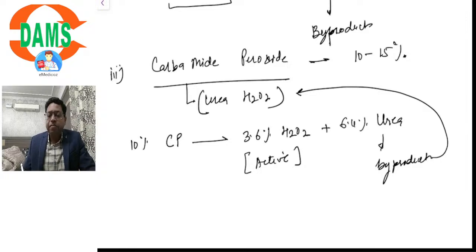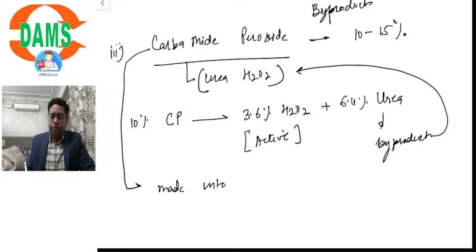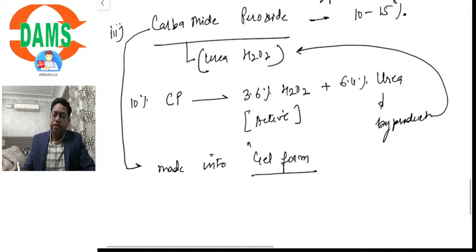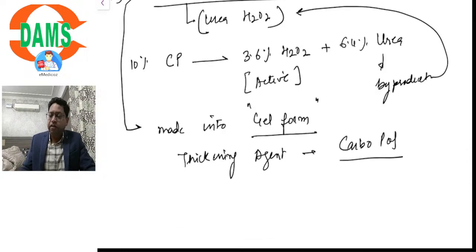So these are the three important chemicals. This carbamide peroxide is made into gel form. A thickening agent is added to it to make it into the gel form, a polyacrylic acid copolymer, that is carbopol. What is the advantage of gel form?